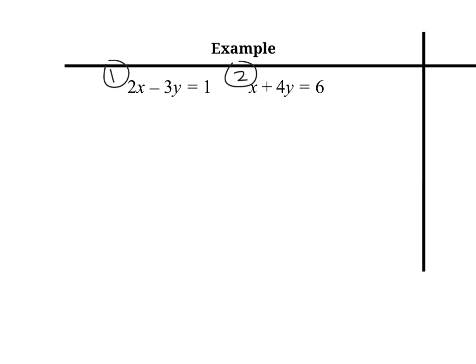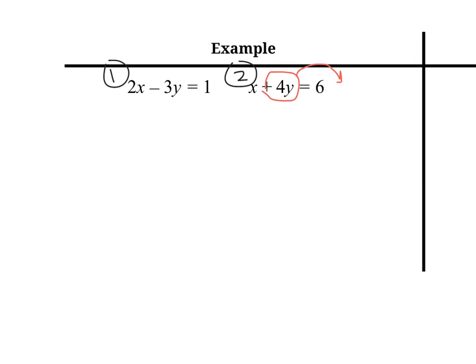So I numbered off my equations 1 and 2, and I've decided that I'm going to work on rearranging equation number 2. So when I say I want to rearrange it, what that means is I want to get x by itself. So I want to isolate equation number 2 for x. So that means to get x by itself, I need to take this positive 4y and just move it over to the other side.